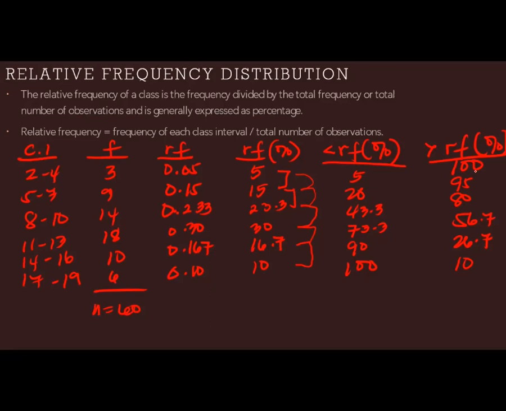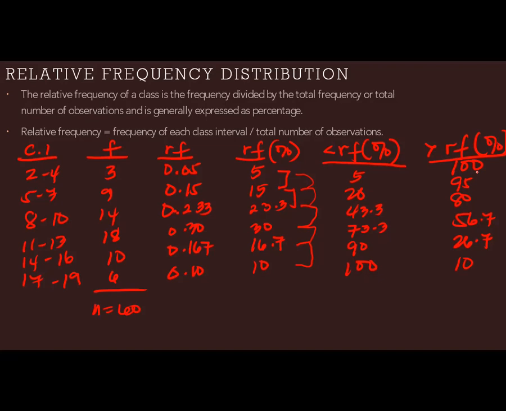So this is our relative frequency distribution, the percentage, the less than relative frequency distribution, and the more than relative frequency percentage.